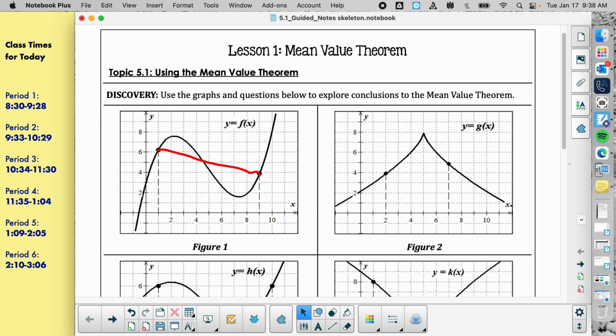Are there any spots on that function between the 2 points that mimic the same slope as that line? Do you kind of understand what I'm trying to ask? Yeah. So, we've got a curved function. Are there any places on that curved function that have the exact same slope as what you just drew?